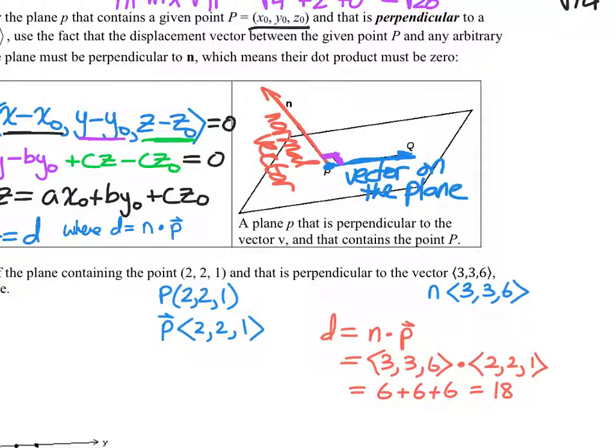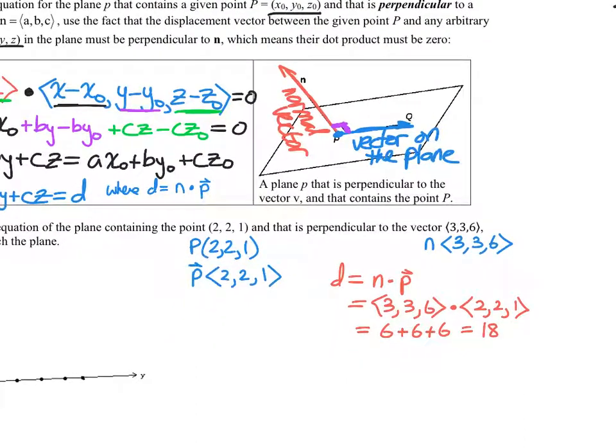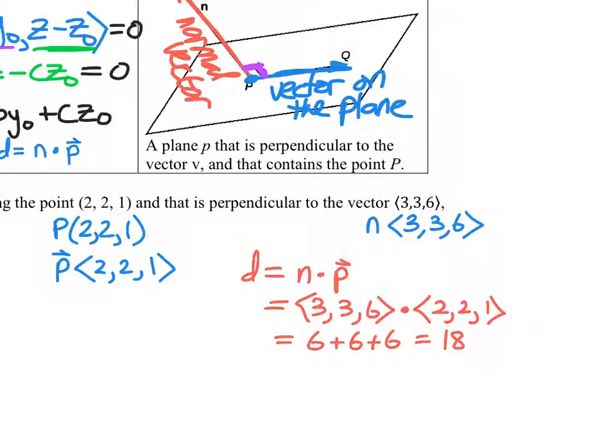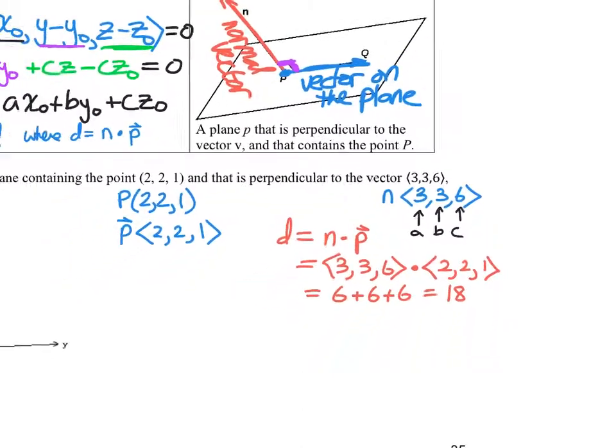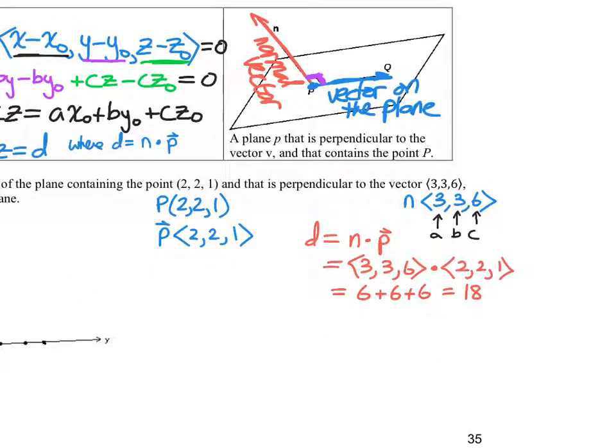Which is 18. So that gives you the right-hand side of your equation, which is really the only challenging part of it, because the normal vector is made up of your A, B, and C values, which serve as the coefficients of x, y, z on the left-hand side.